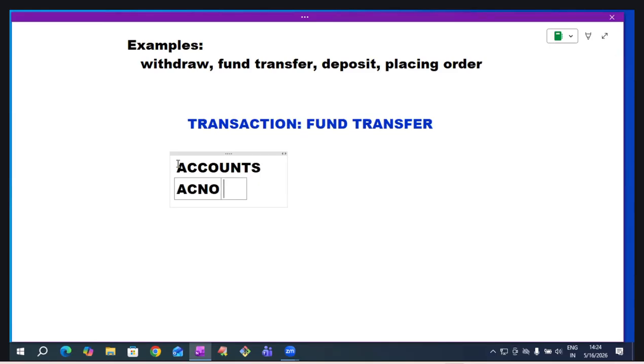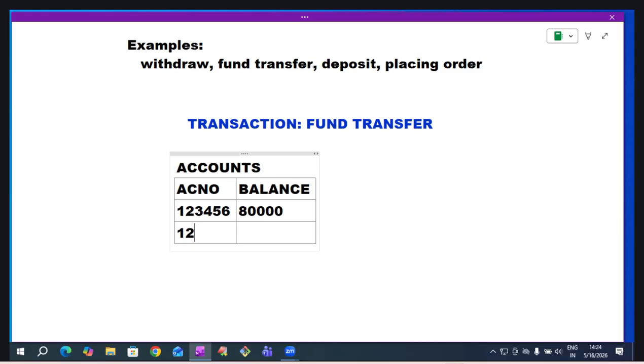Account number, and that account's balance. Account 123456, balance is 80,000. Account 123457, balance is 20,000. Like this, data is there.